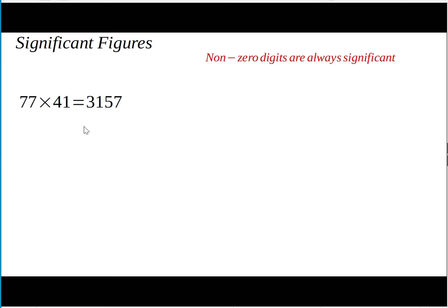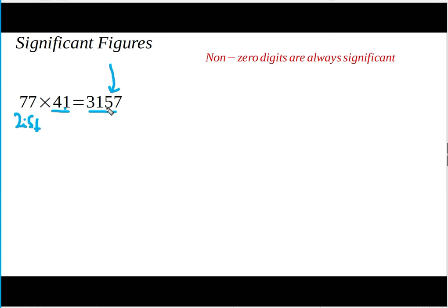The thing you have to look at is 77, which has two significant figures, and 41 is the same, it has two significant figures, so this should be in two significant figures. When we have no decimal but a whole number, we look at the third number here.